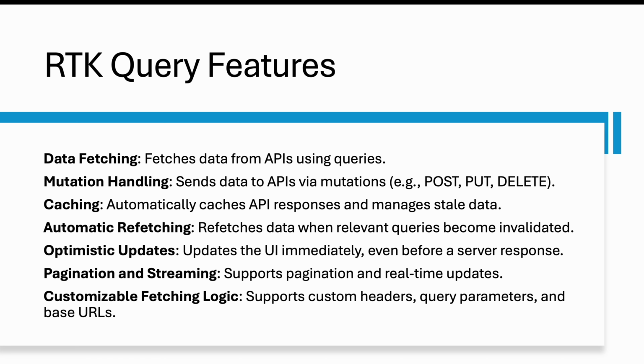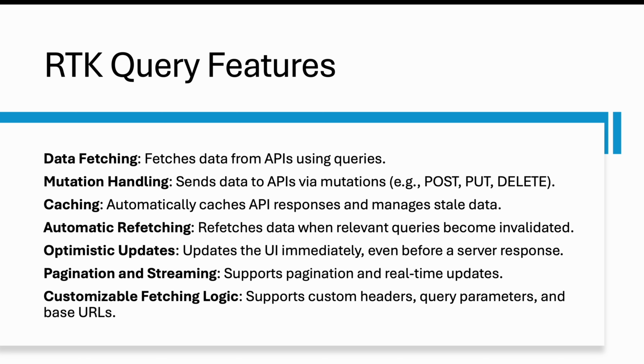Mutation handling sends data to the API via mutations, for example post, put, and delete. Caching is next, where we talk about caching the API responses, so we can make page rendering faster.